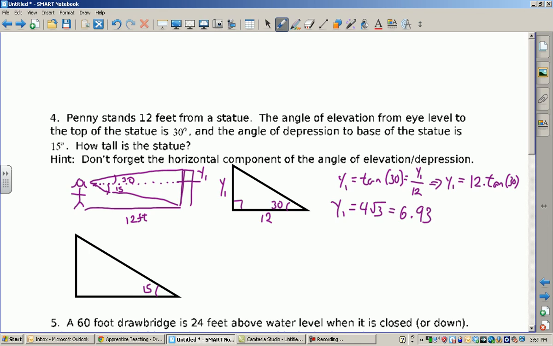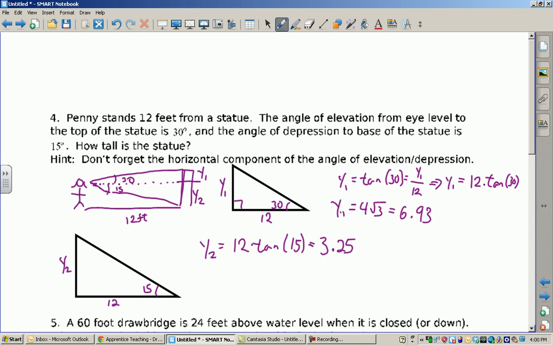And now we're going to do y2. So here's y2, and she's still only 12 feet away. Now, much like y1, y2 is equal to 12 times the tangent of 15, which is equal to 3.25.